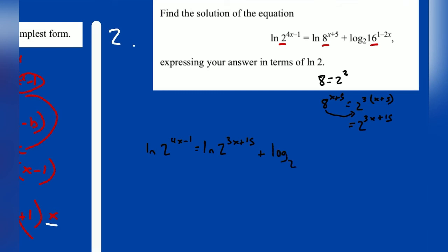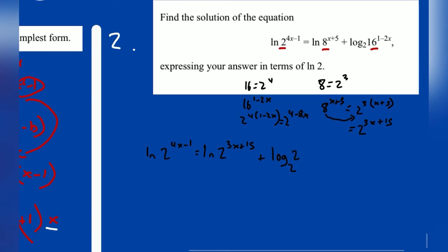So log 2, if you do the same thing, 16 is 2 to the power of 4, so 16 to the power of 1 minus 2x is the same as 2 to the power of 4 times 1 minus 2x, which is equal to 2 to the power of 4 minus 8x.